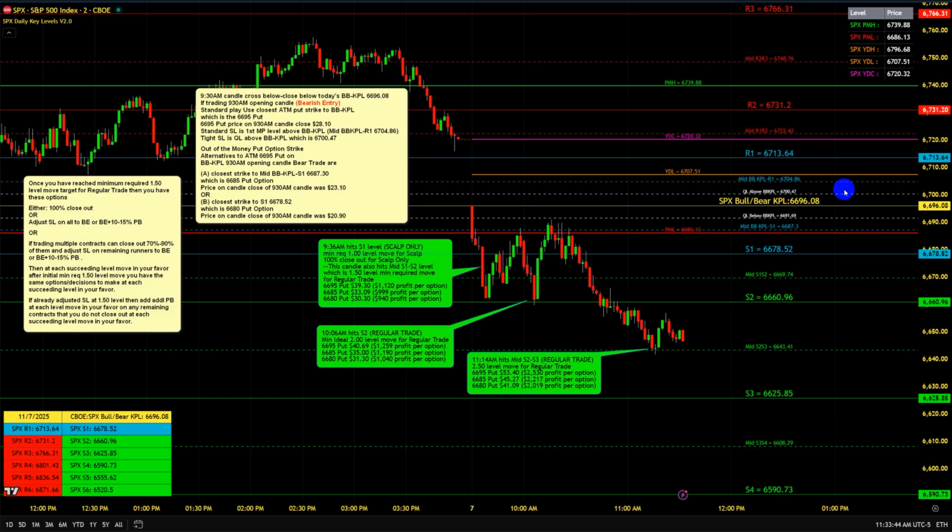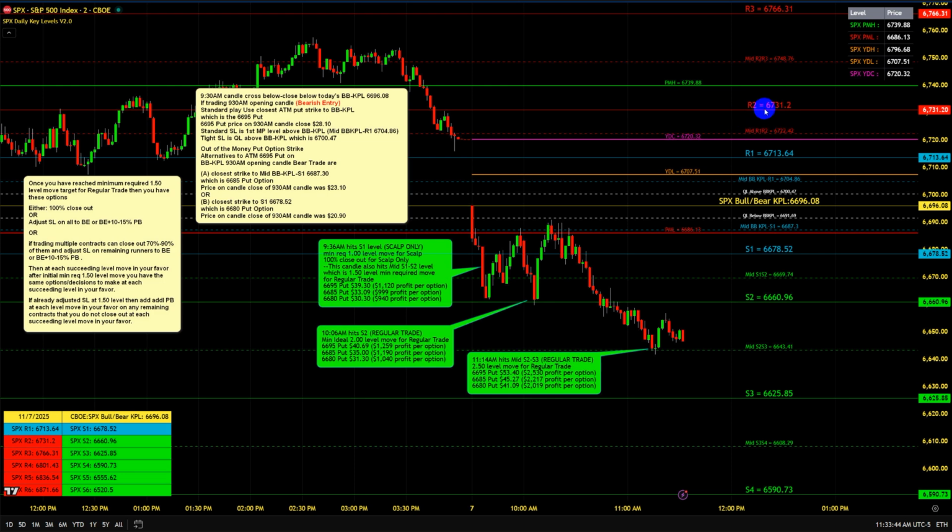If it was a bullish trade, it would be the exact opposite. A scalp would be the R1 if we're taking a bullish trade from this level. A regular trade would be mid R1, R2, minimum required 1.5 level move. R2 would be a 2-level move. This would be a 2.5 level move, and this would be a 3-level move. If you were taking a bullish trade off of R1, then R2 is your scalp exit.